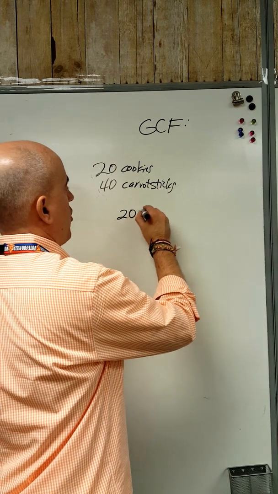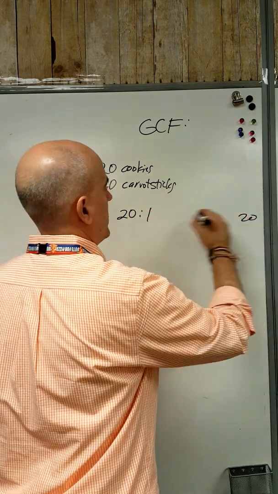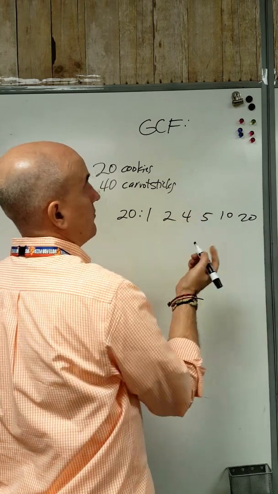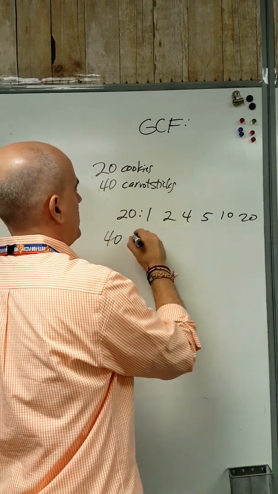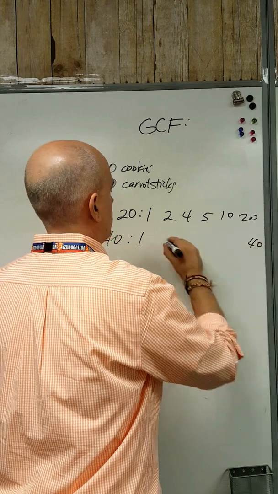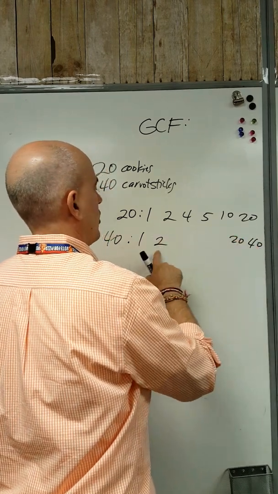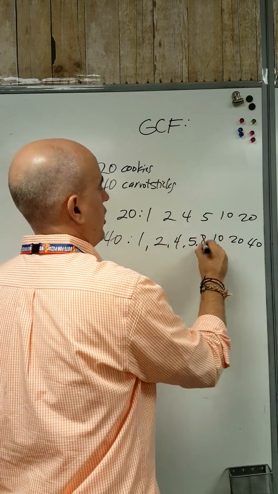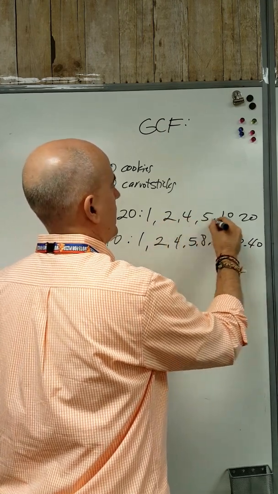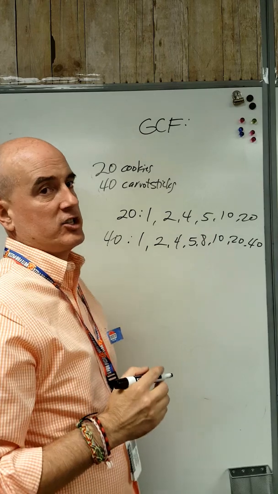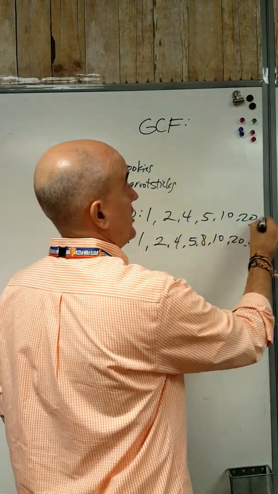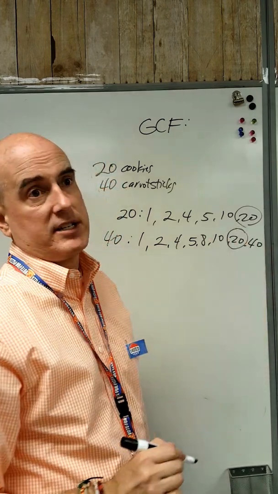So the factors of 20 would be 1 and 20, 2 and 10, no 3, 4 and 5, right? And then the factors of 40 would be 1 and 40, 2 and 20, no 3, 4 and 10, 5 and 8. So we look at all these factors and we say, what is the largest factor? The largest number that both of these have in common. So if I look here towards the end, I notice they both have 20 in common.